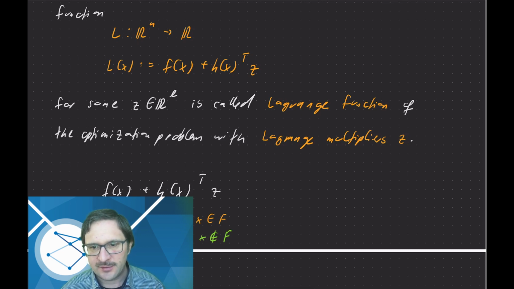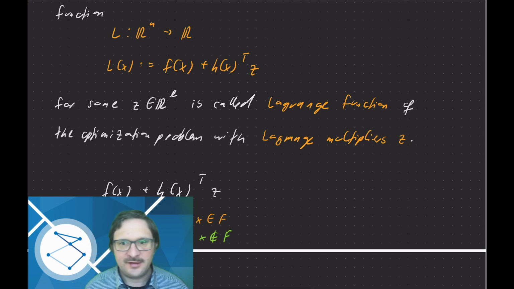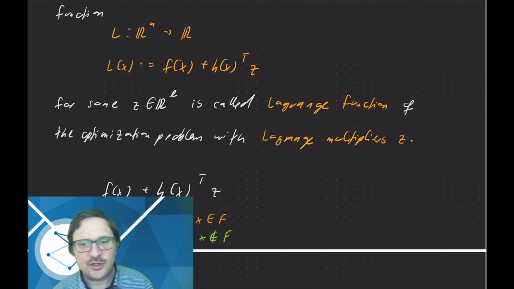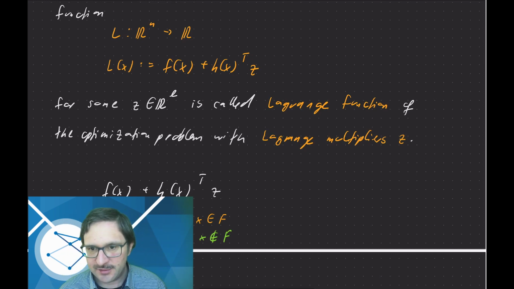So if one of these constraints h_i is not satisfied, not equal to 0, then it has, let's say, a positive value. And if we set the corresponding z value to also a high positive value, then this deviation from the feasible set will be penalized.